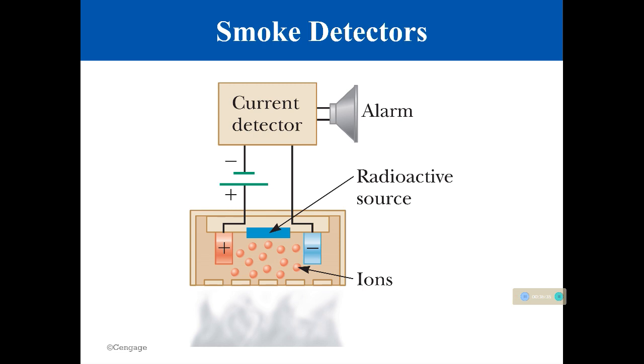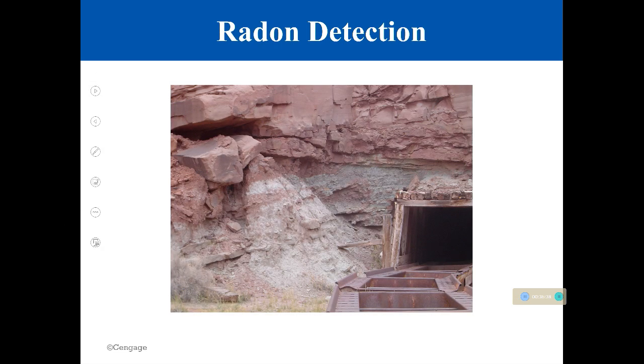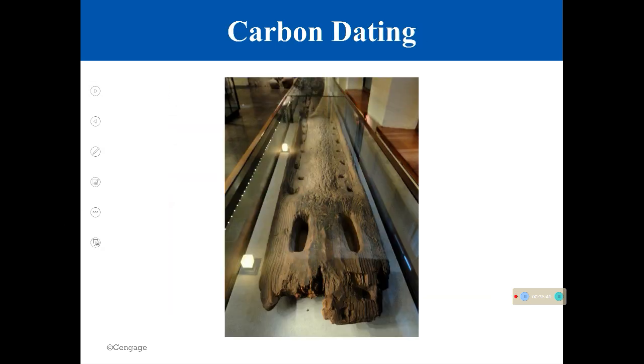Smoke detectors use this all the time. Radon detection, carbon dating. Okay, so let's talk about carbon dating for a second here. I don't want to talk about all of these, but I do want to talk about this one a little bit.